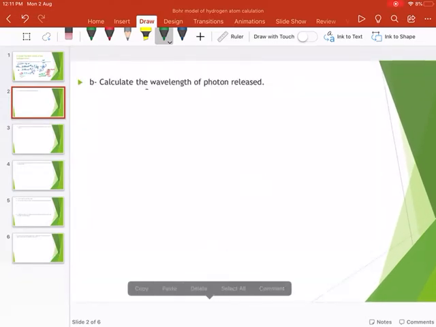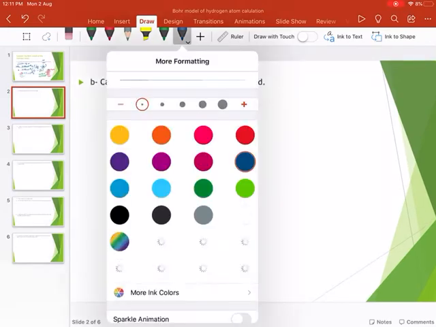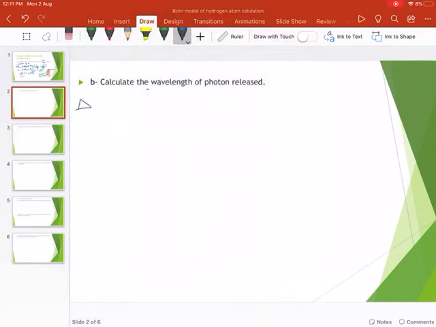Now part B, calculate the wavelength of the photon released. There are relations between energy, frequency and wavelength such that we can calculate. We know that delta E equals h nu, the frequency.